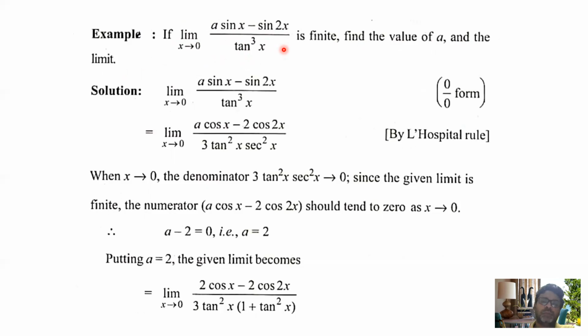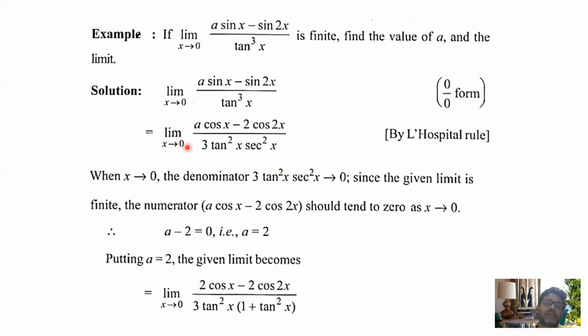It means from the statement it is clear. Now limit as x tends to 0, (a sin x minus sin 2x) by tan³x. When we substitute x tends to 0, that is 0 minus 0 by 0, that is 0 by 0 form. Using L'Hospital's rule, what we have: (a cos x minus 2 cos 2x) by derivative of tan³x, 3 tan²x sec²x.